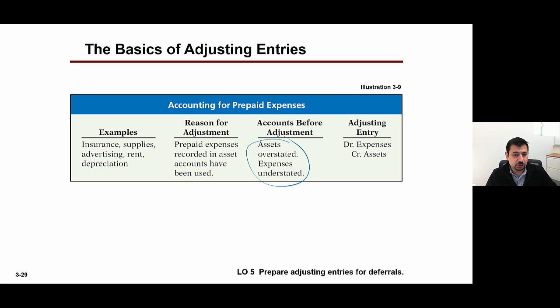However, after the adjustment, we found that we only had $1,000 of supplies. Expenses were also understated because up to the moment where we made the adjusting entry, we had not recognized the expenses. So that's why it was understated. The way to prepare the adjusting entry, we debit expenses and we credit assets.